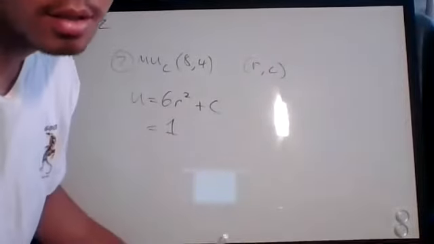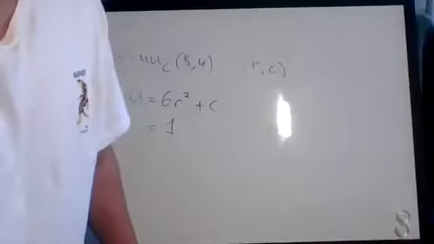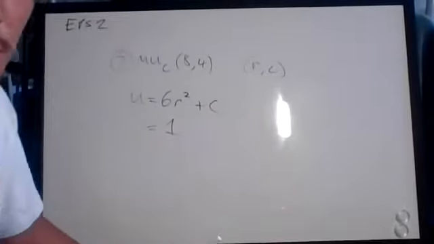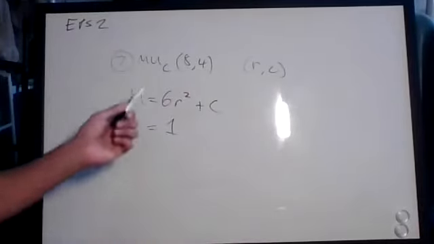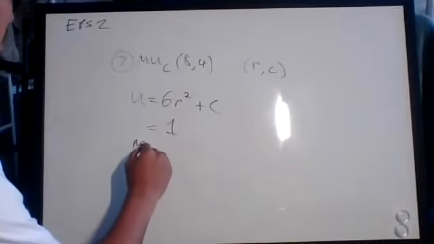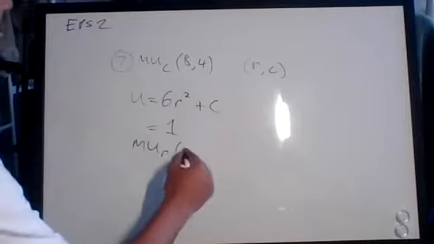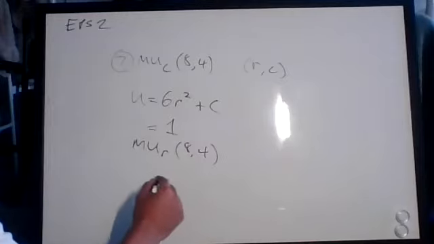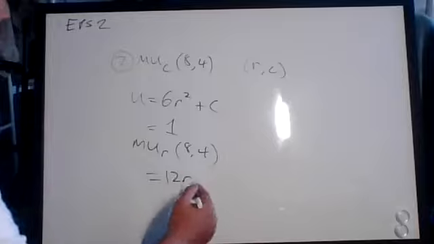Does that make sense? Whenever we're talking about marginal utility with respect to chicken, it's always going to be 1, only if the marginal utility is 1. Let's say, for example, I had taken the marginal utility of rice, where R is rice and C is chicken, at 8, 4. I would have gotten 12R.